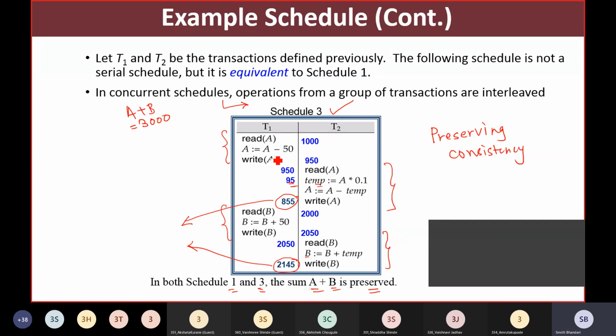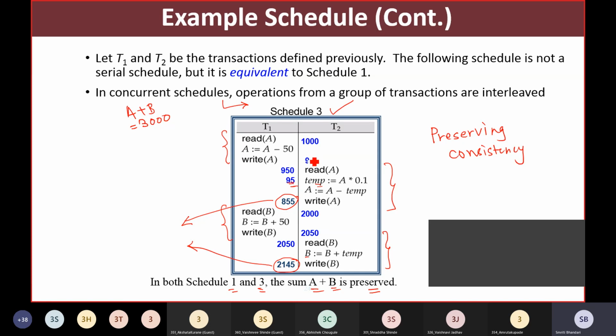I'll repeat, please understand this concept. Schedule 3 is the concurrent schedule, but whatever is the result produced by this concurrent schedule is same as that of one of the serial schedules.